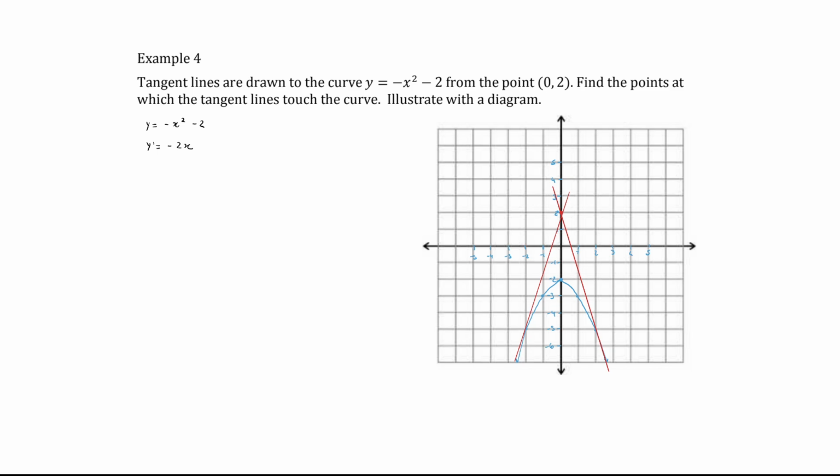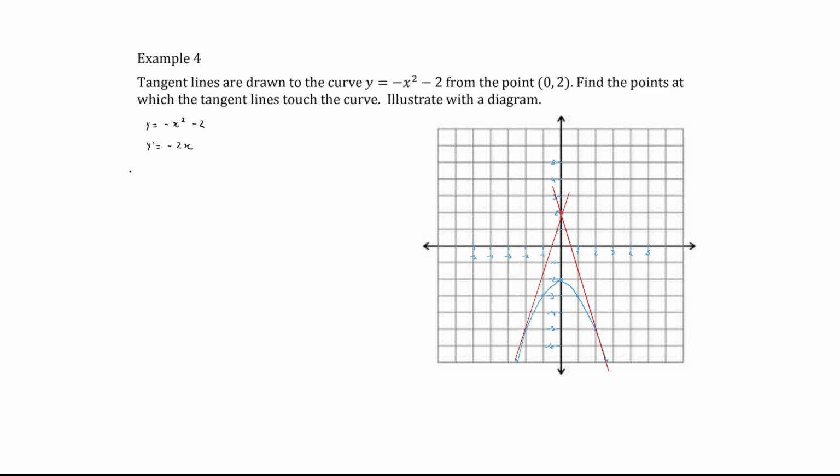Now, this is where we have to think a little theoretically, because we want to find the slope. We don't have a point, right? We don't have any points on the function, but we know that any line that's tangent to this function is going to have a slope of negative 2x.